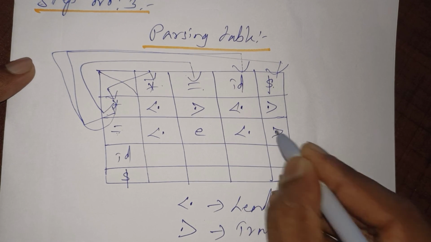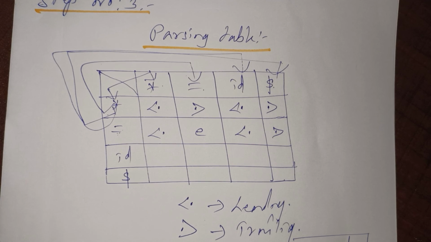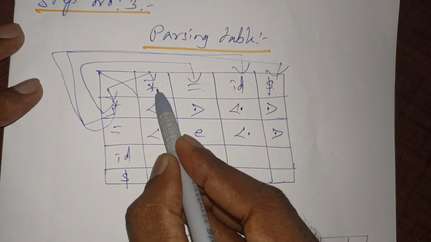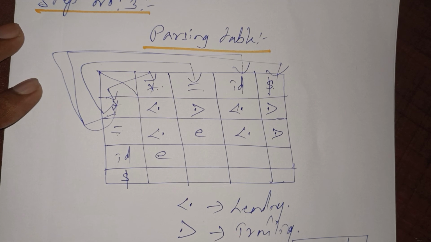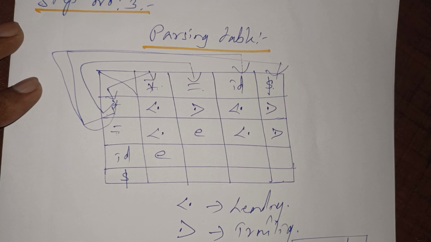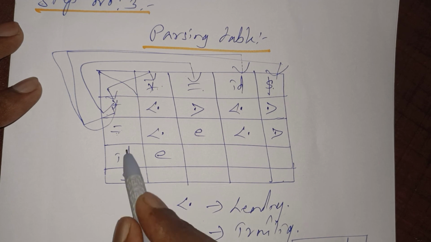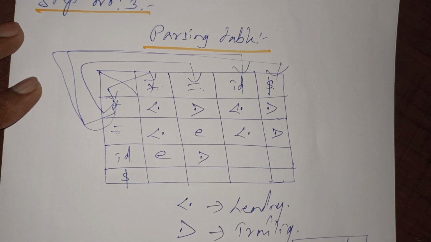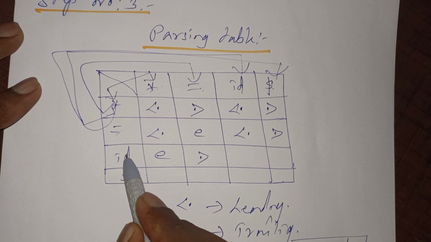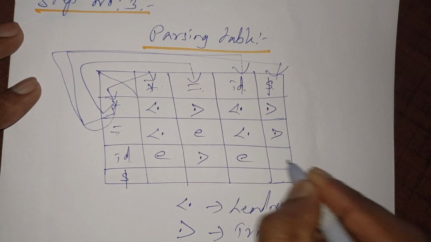I got the trailing symbol. Now I am going to compare ID and asterisk. I got the E symbol, that is error. I have no match for ID and asterisk, and ID and equal to I have compared. I got the trailing symbol. ID and ID, I got error.